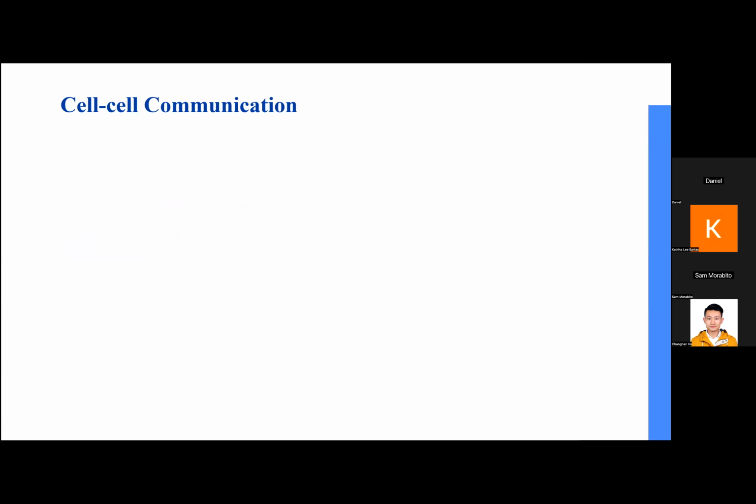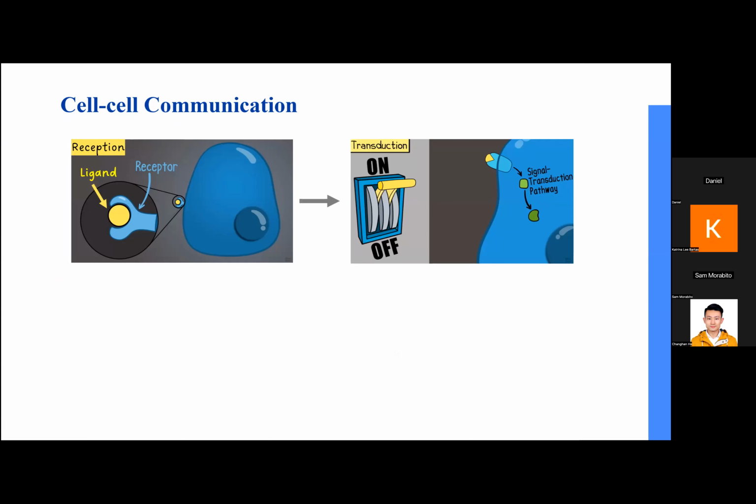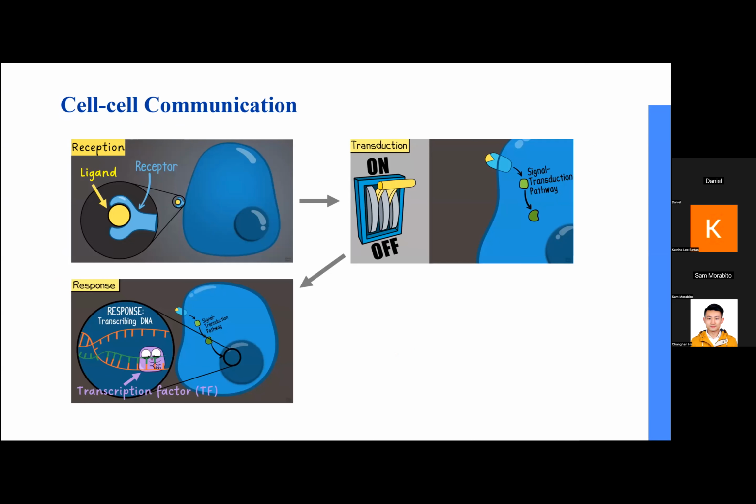The basic mechanism of cell-cell communication that we start from: a cell has a receptor, and once we find the corresponding ligand, the ligand binds the receptor, and then signal transduction turns on and starts from the receptor through the transcription factor, or TF, and then the response is transcribing the DNA.